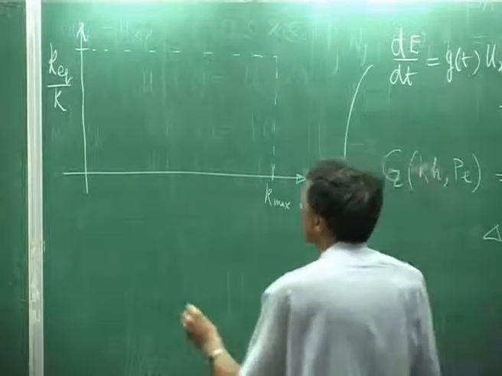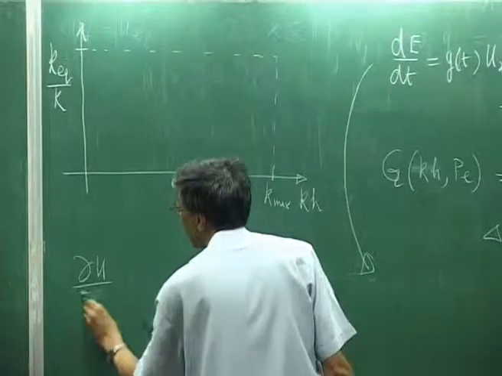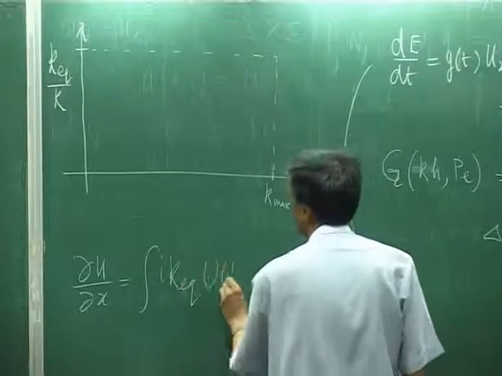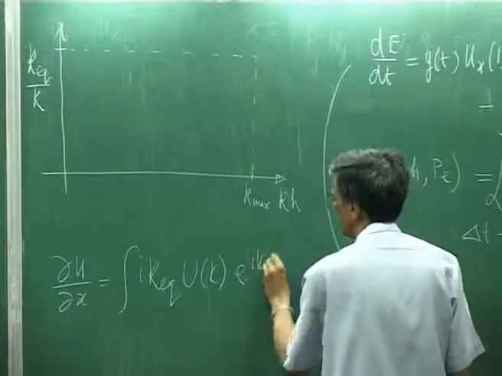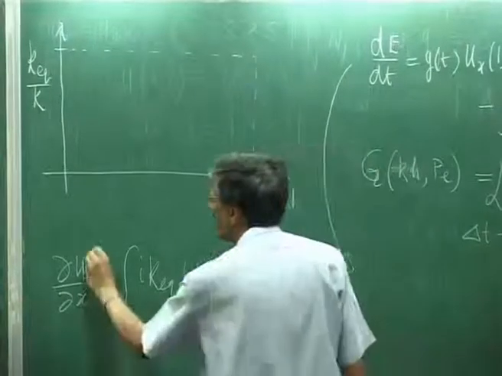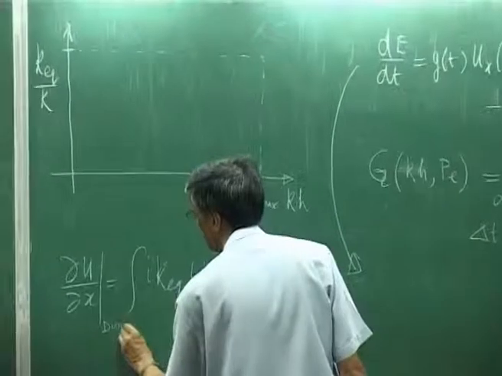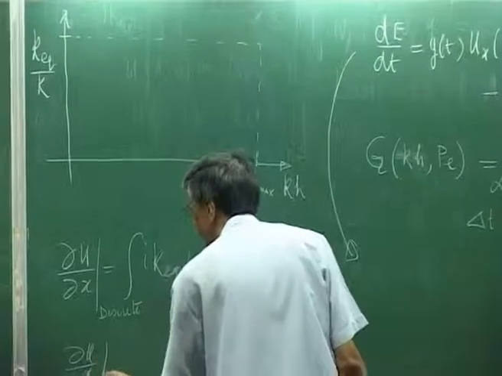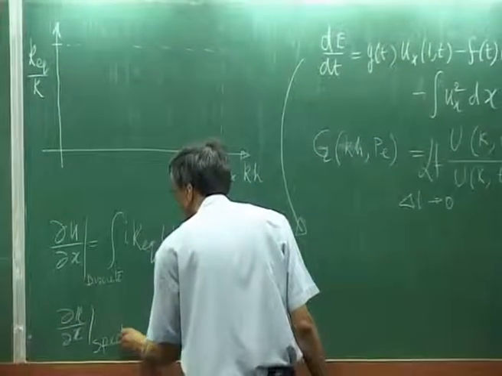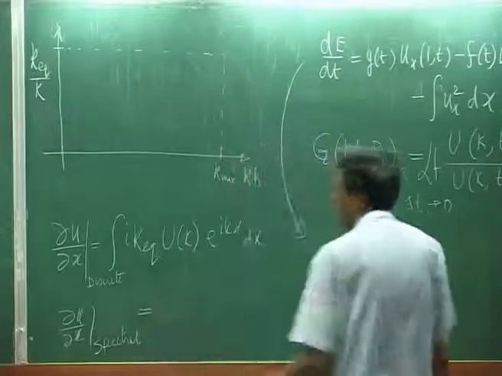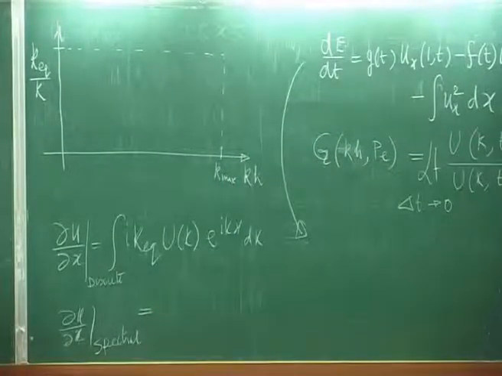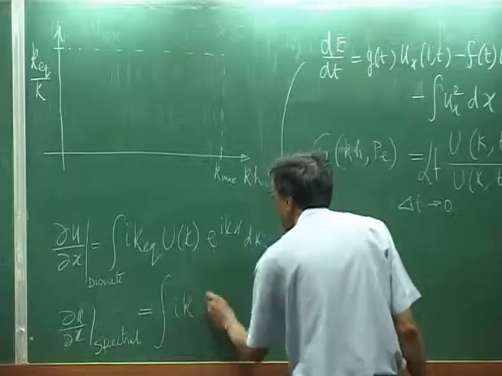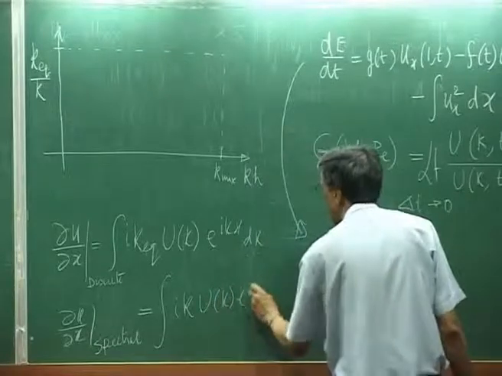So, recall basically what we are doing is this. If I write the derivative as this, so any discrete method I am doing this. So, this is say any discrete method, and we have seen if we do a spectral method, that means we take the space dependence part in terms of those trigonometric, orthogonal functions, then this becomes equal to i k u of k e to the power i k x dk.